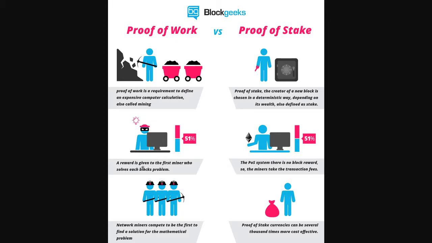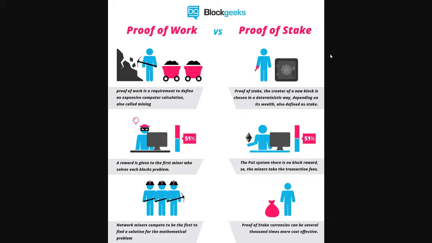A reward is given to the first miner who solves each block's problem. Network miners compete to be the first to find a solution for the mathematical problem. So that's what basically proof of work is summed up.